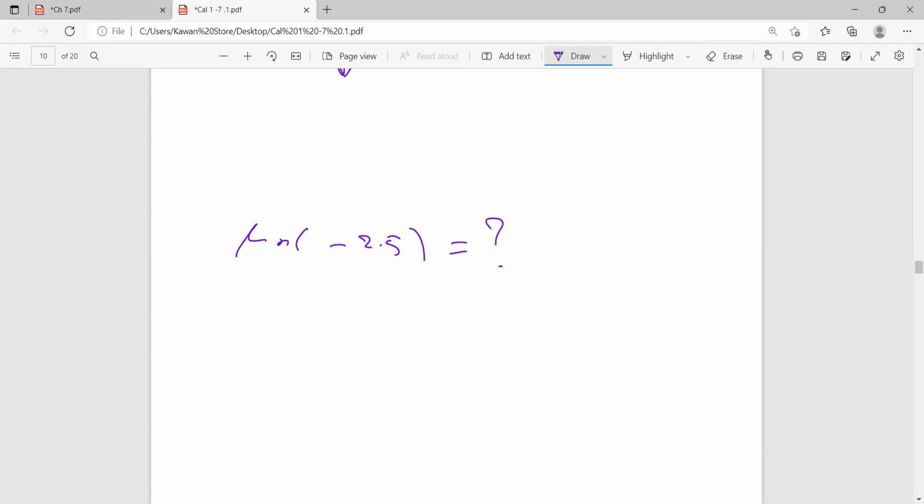Ln of minus 2.5. Is it 0.9? Okay. What else? Doesn't exist. What else? Why? 1.6 again. Any other number? Hello?